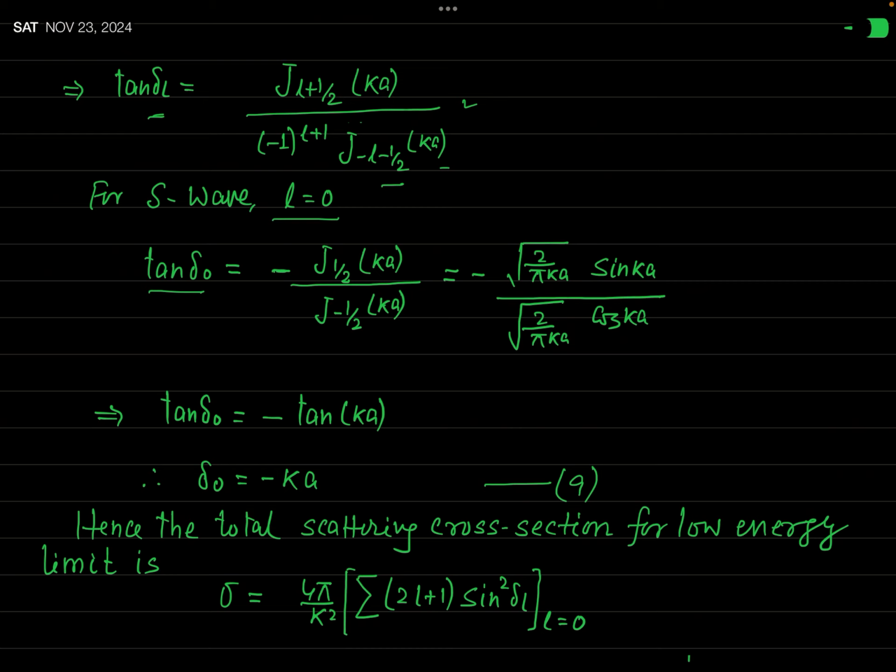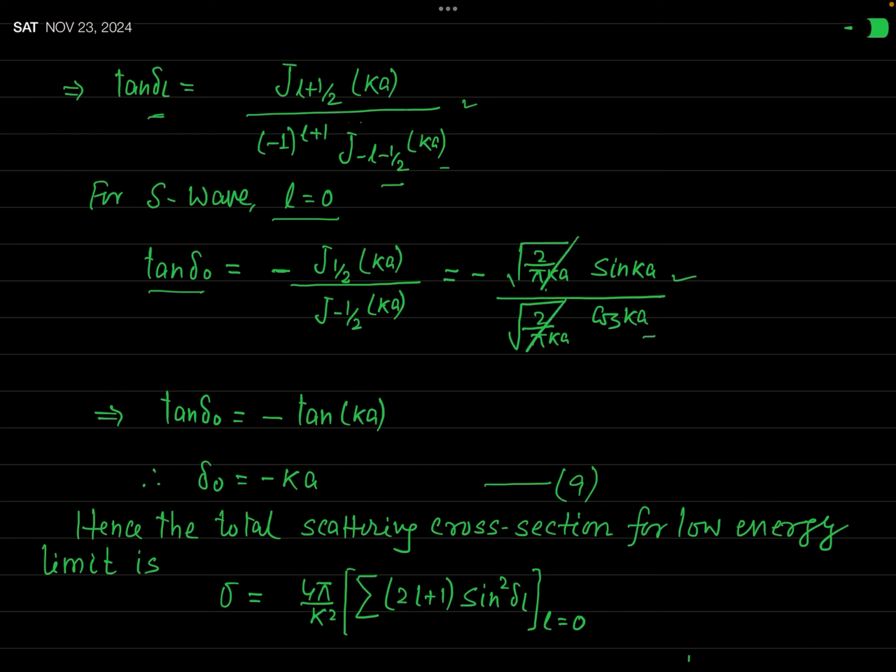But you know that this Bessel function J of half of Ka is defined as the square root of 2 over pi Ka times sine Ka, and J of minus half of Ka is equal to the square root of 2 over pi Ka times cos Ka.